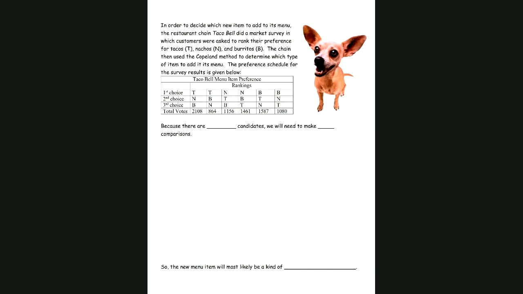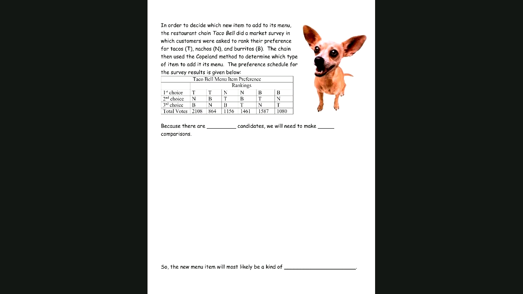The chain then used the Copeland method to determine which type of item to add to its menu. The preference schedule for the survey result is given below. So tacos is T, nachos is N, and burritos is represented by B.